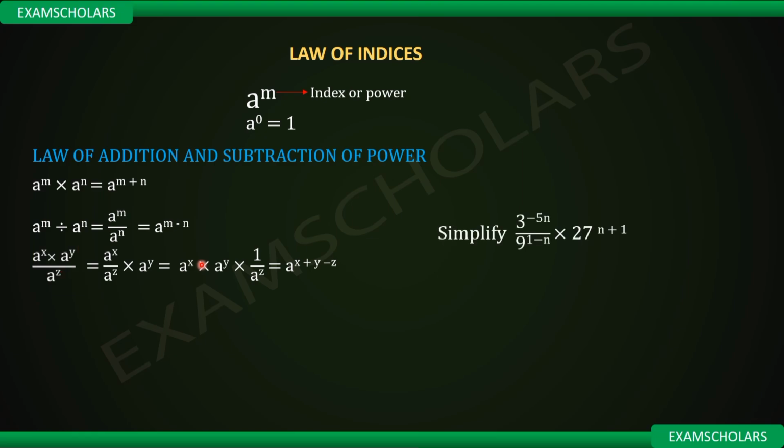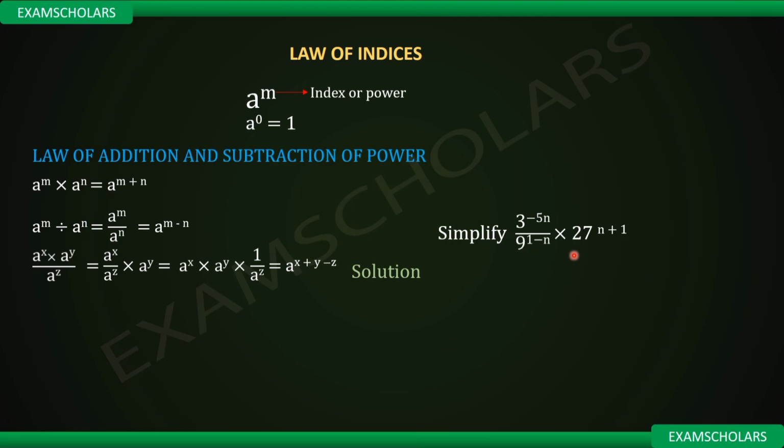Let's look at this JAMB past question that you have here. How can we solve this very fast? To solve this, you have your 3 raised to power minus 5n as a numerator. Your denominator is 9 raised to power 1 minus n. Now this 9 is still the same thing as 3 raised to power 2. This 27 you have here is still the same thing as 3 raised to power 3.